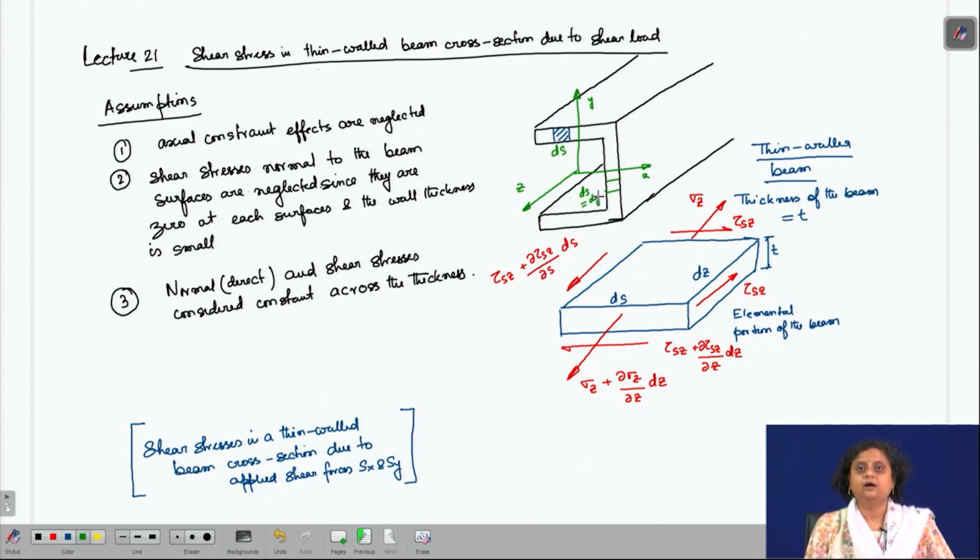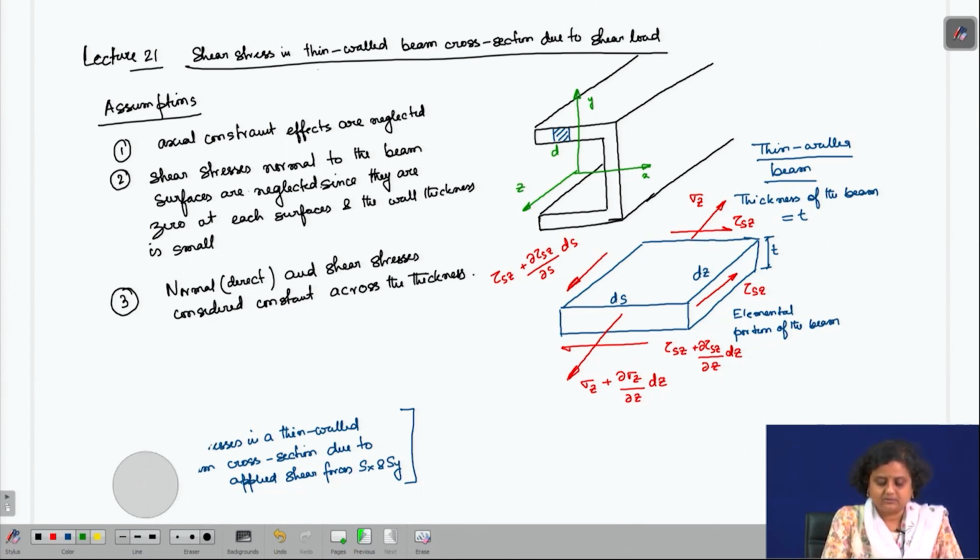Since whether it is dx or dy is not constant, we take it to be ds, where s could be either dx or dy. Now, with these stresses, let us write down the force balance equation.